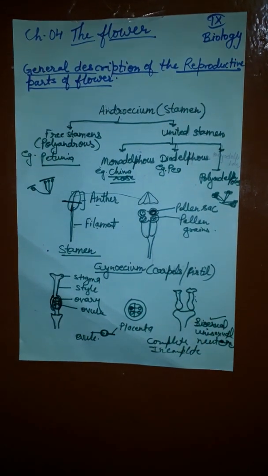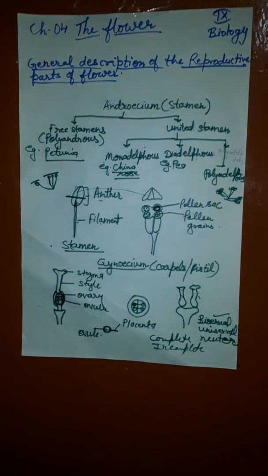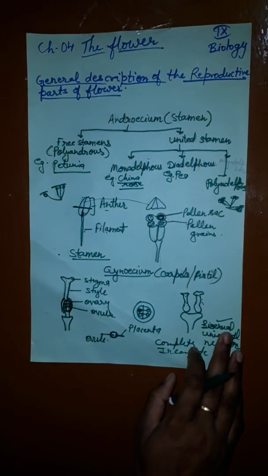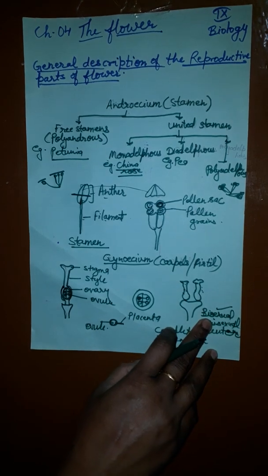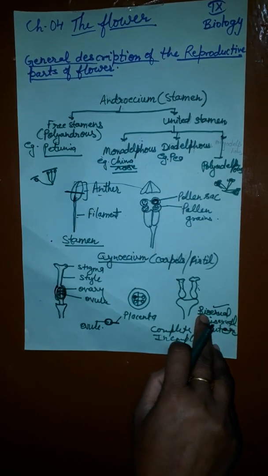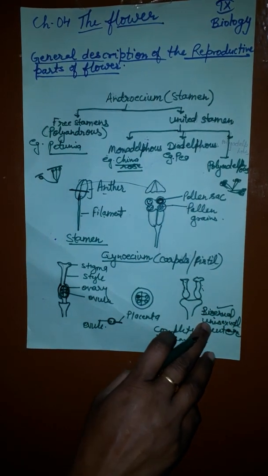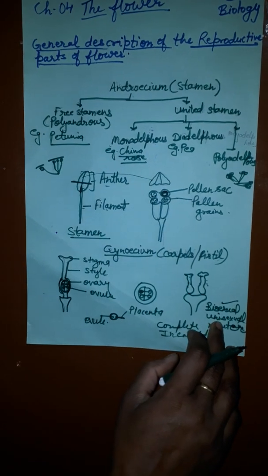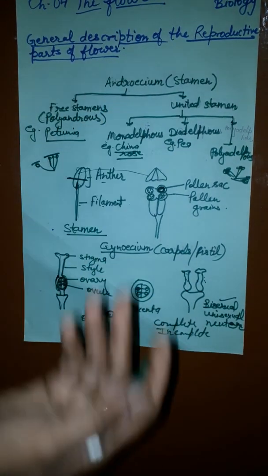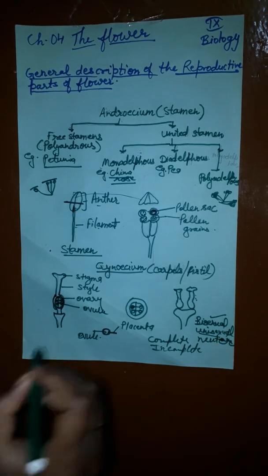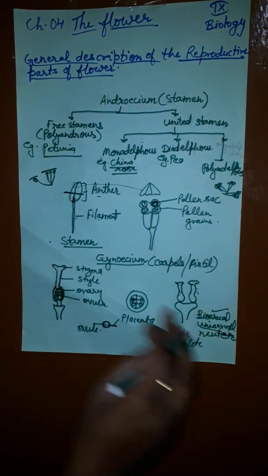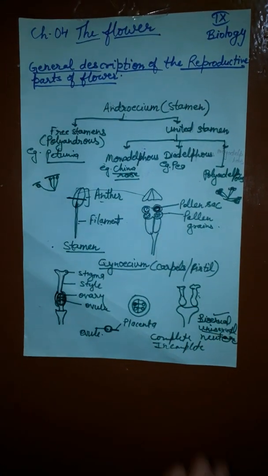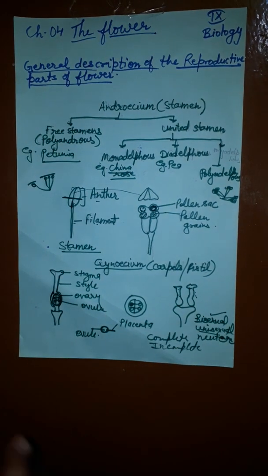Now again, what is bisexual? When both the parts, stamen and carpels, are present, the flower is called bisexual. When any one is present in the flower, like androecium, it is called a staminate flower. If gynoecium is present, it is called a pistillate flower. If any one is present, that is called unisexual.